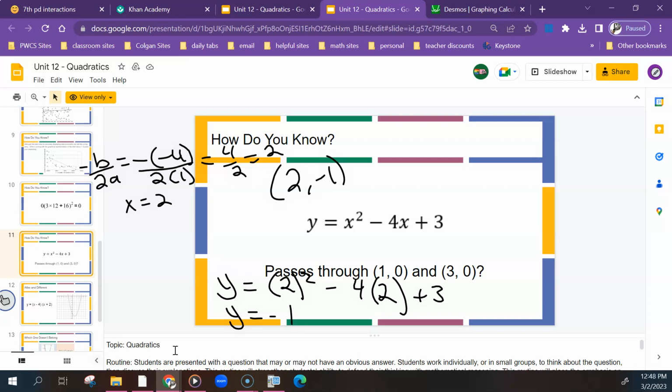You could have also used the axis of symmetry, the vertex, but maybe not looked at the graph. Remember that the axis of symmetry cuts your parabola in half, and the 2 is directly in between the 1 and the 3, so it would have to do that.